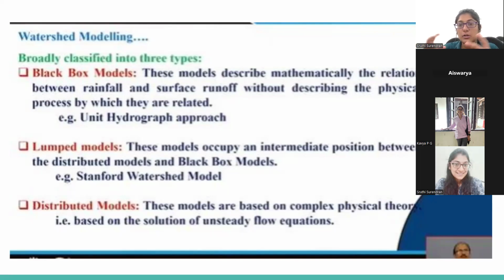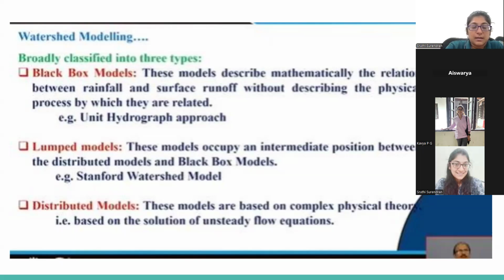It is describing the relationship between rainfall and runoff mathematically, based on a lot of data. But how the process is happening is not described in these models. If there is a physical equation relating rainfall to runoff, that is not available in these kinds of models. So, unit hydrograph is an example of such a model. It is a black box model.